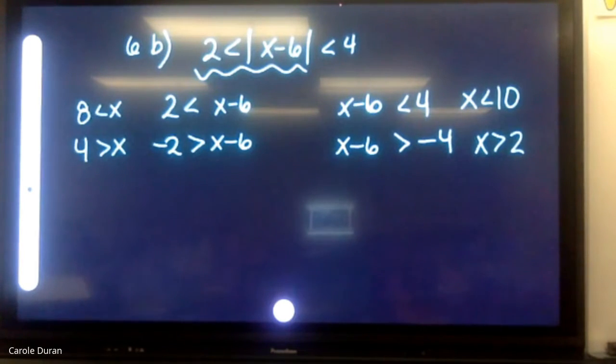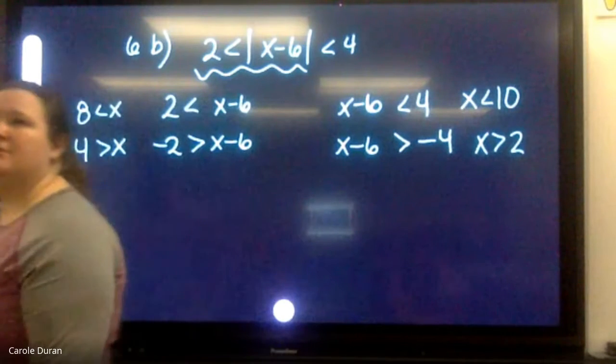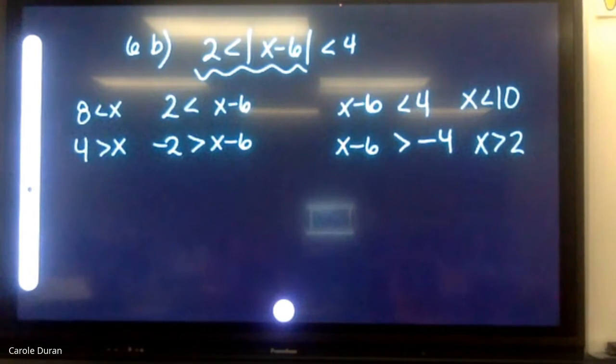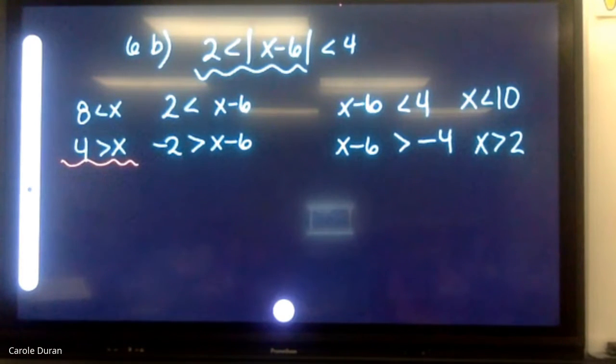So then I need to figure out what this is telling me. There are a couple different ways you could do that. You could do a number line and plot each of these individually, which would give us our solution set. Or we could just compare, put x in the middle, and evaluate that way. So on this one, I have x is smaller than 4.